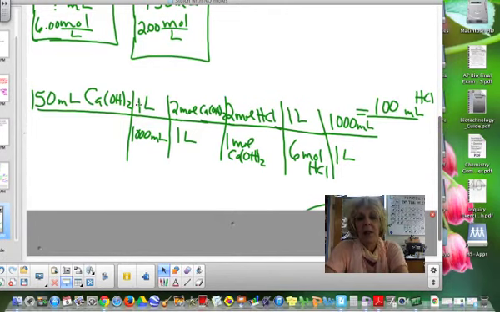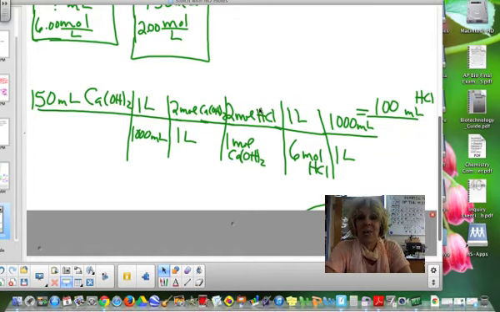And now the liters cancel and I'm in moles of calcium hydroxide. Here comes my actual Stoich step. This is the mole ratio. 2 moles of hydrogen chloride for every 1 mole of calcium hydroxide. Where did I get the 2 and the 1? From the balanced equation. All right? So now my moles of calcium hydroxide cancel, and now I'm in moles of hydrochloric acid.